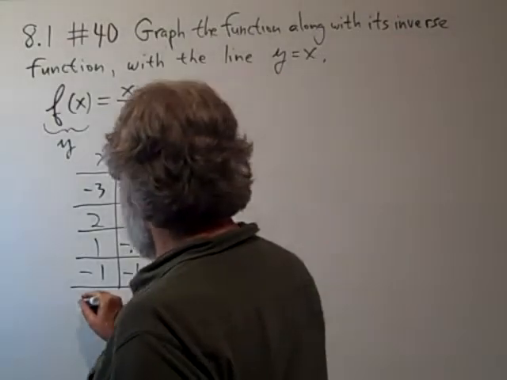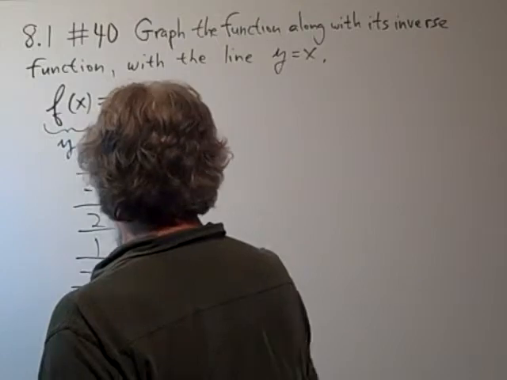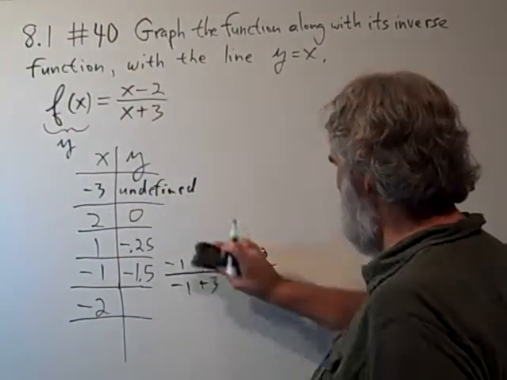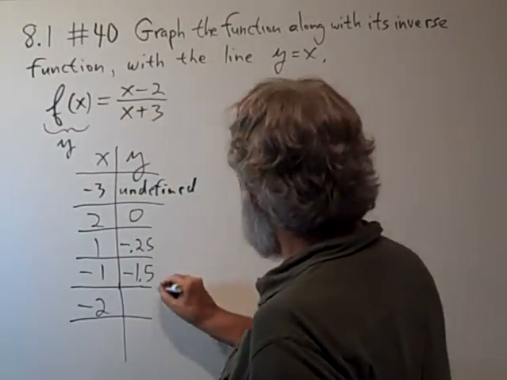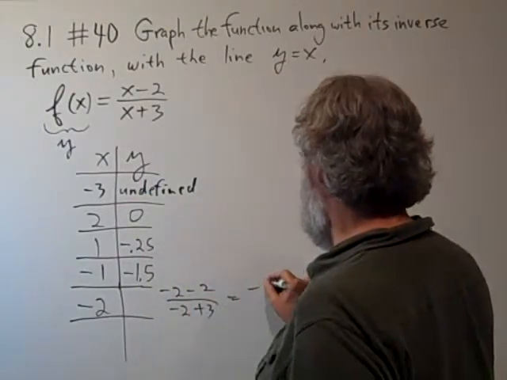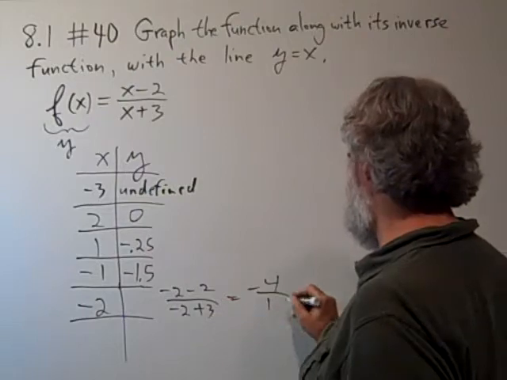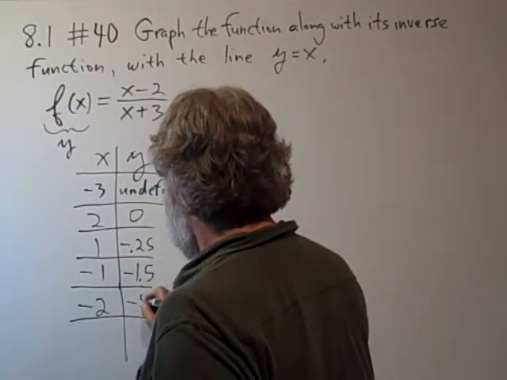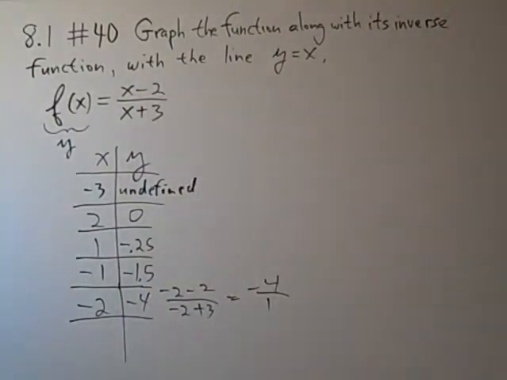What about at negative 2? At negative 2, this function equals negative 2 minus 2 over negative 2 plus 3. So that's negative 4 over 1, which is negative 4. So there's a few points on the graph.